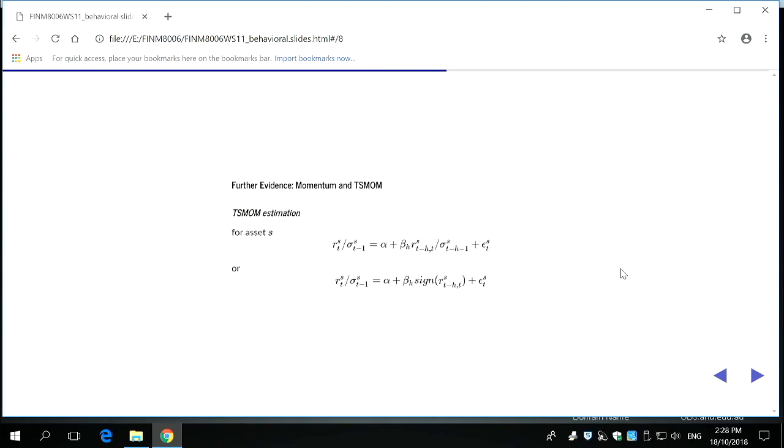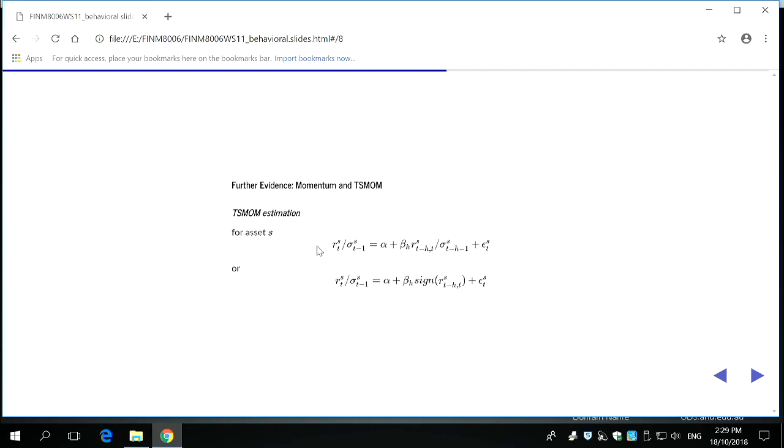Right, so what evidence can we have? As I said, one piece of evidence we can look into is time series momentum, TSMOM. Time series momentum says that the past H period return, normalized by its standard deviation, its volatility, can predict the future 1 period return for each of the assets.